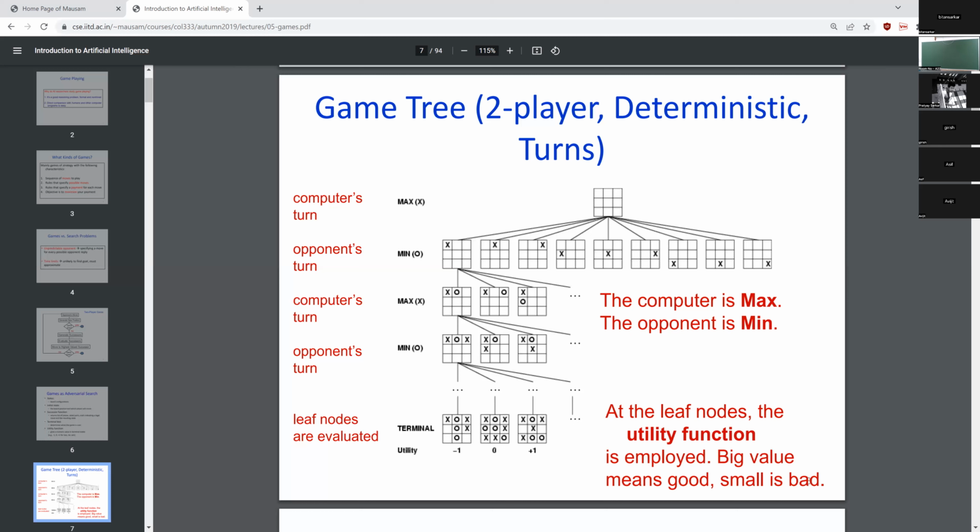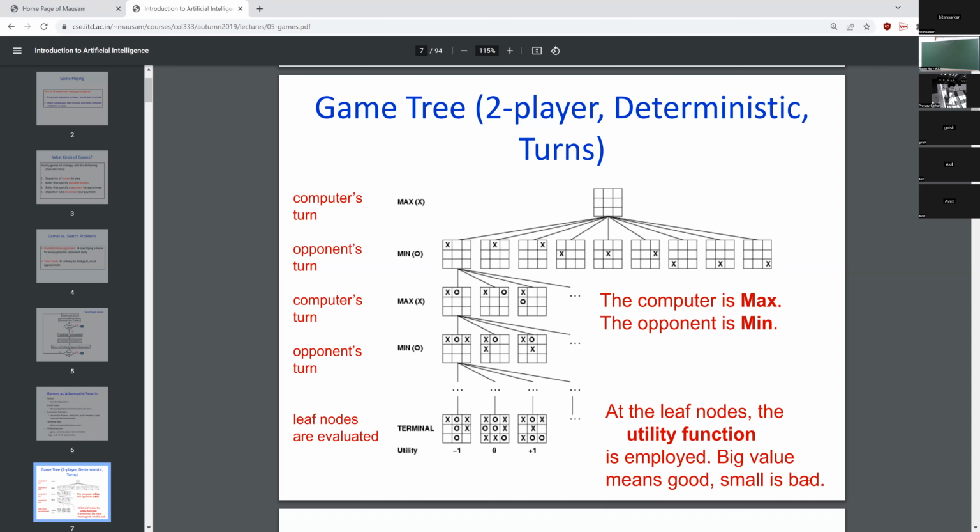Yes, sir. All right. Okay. Right. So this just continues this way. Once max and min have played their move, the game will be in one of the 9 into 8 states. From each of those 9 into 8 states, a move will now be made by the max player, and there are 7 choices with the max to put the cross.